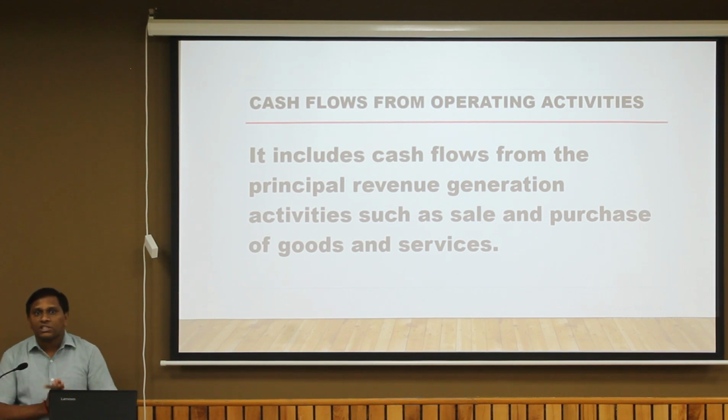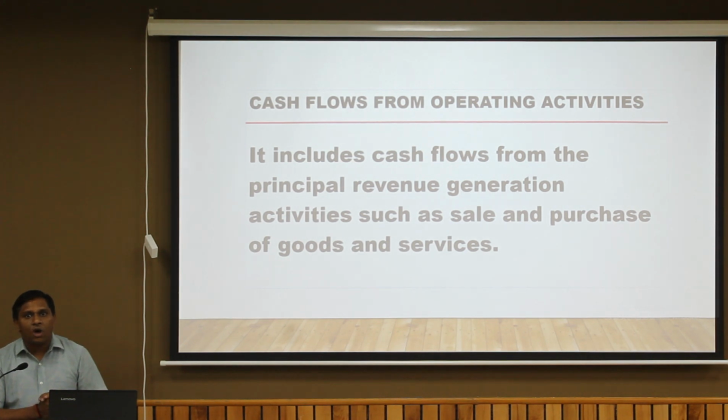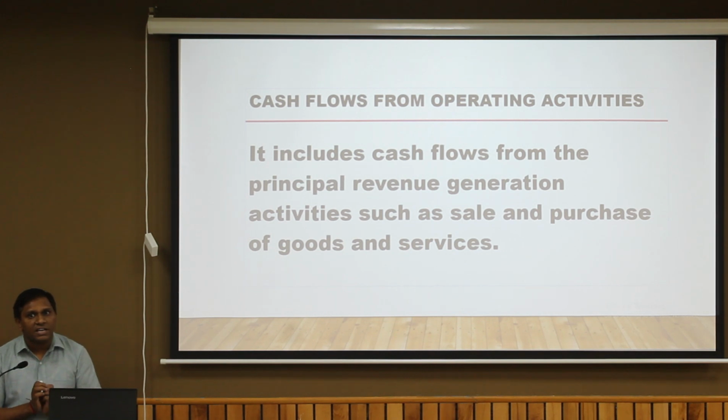Students, there are 3 kinds of activities we have already discussed. The activity number 1 is operating activity, and that operating activity means the principal revenue generating activities. Principal revenue generating activities relate to trade and those goods and services in which the company deals in. Hence, when the cash comes in to the business, that is called cash inflow from operating activities.